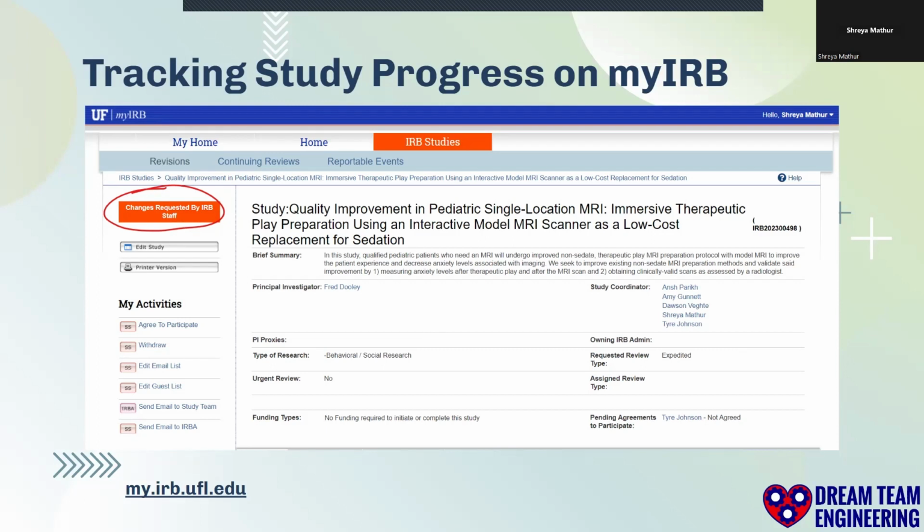That's also where you can see all the information, like who the principal investigator is, study coordinators, funding types. I don't know, John, if you've gone through it yet, but there are so many little things like funding, whether you're going to be working with pregnant people or old people or children, especially children.